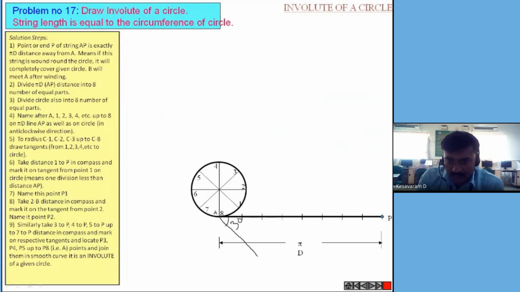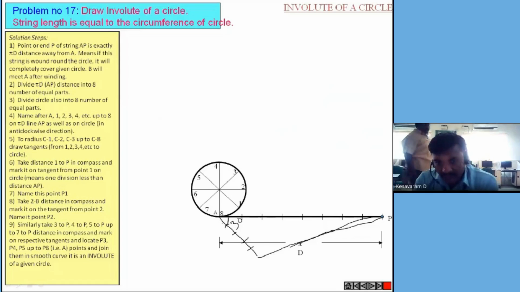Then you can join the ends of the lines. Here we can divide this line into 8 equal parts, because the line length is known, 8 centimeter, so each division is 1 centimeter.